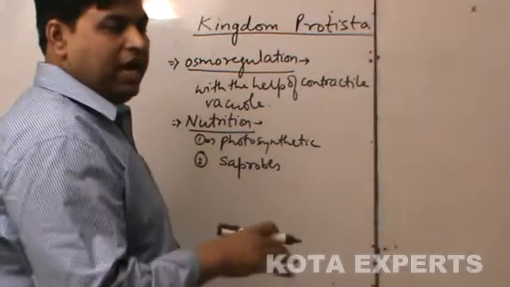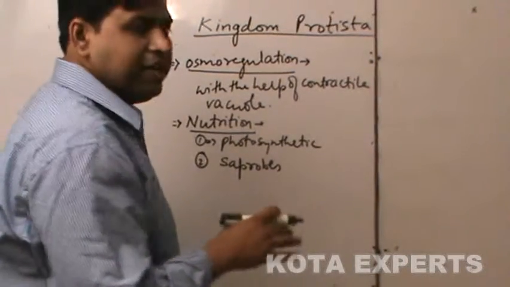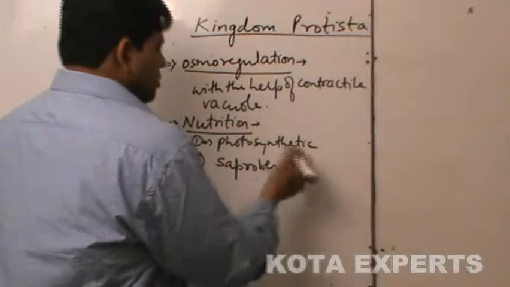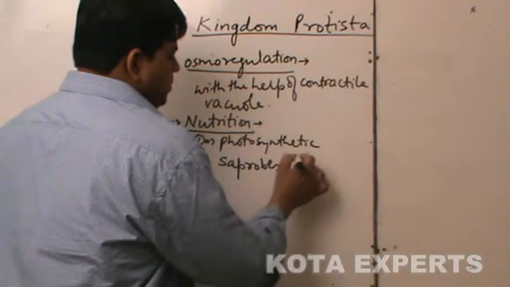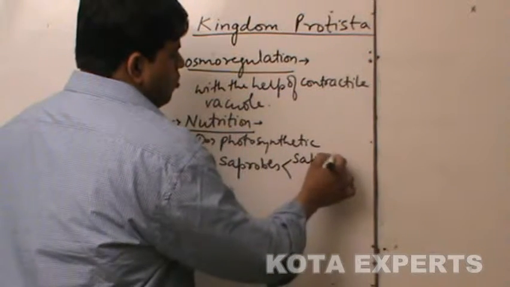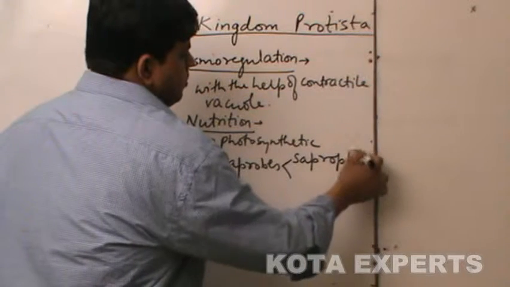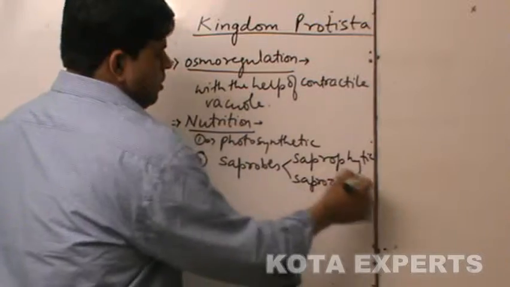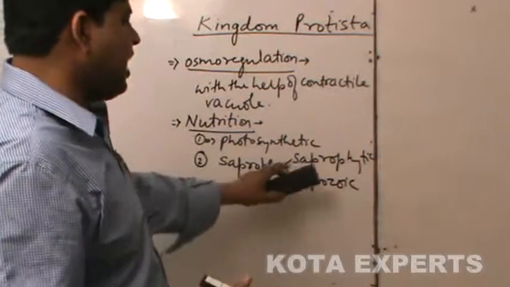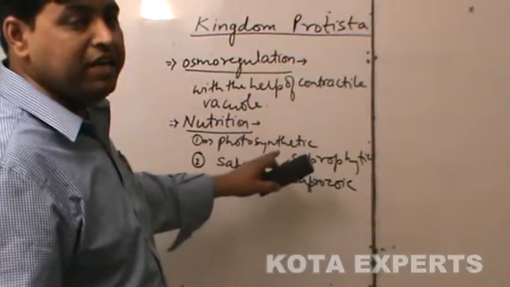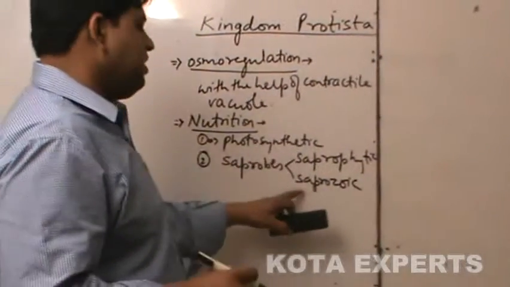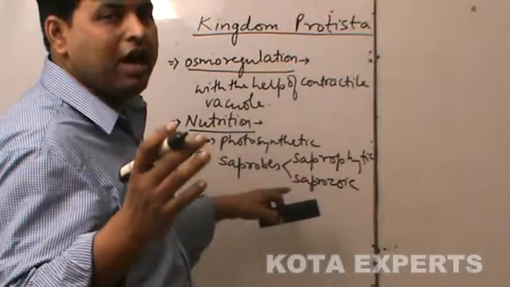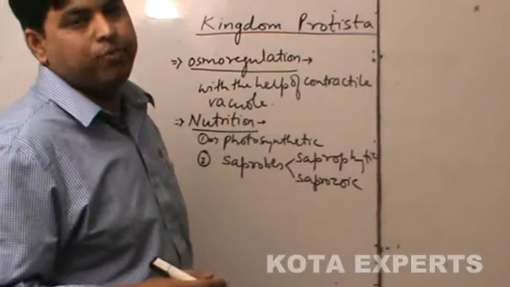That is, they act on dead and decaying organisms. So it can also be of two types, saprophytic and saprozoic. Saprophytic means when it acts on dead and decaying plants, and when they act on dead and decaying animals, they are known as saprozoic.